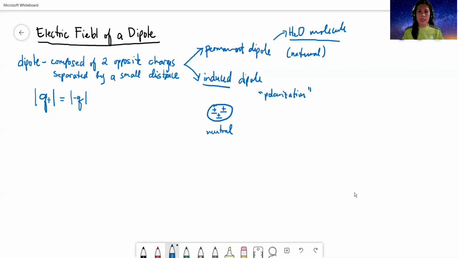When we speak of polarization, this is of course for insulators. In an insulator, the electrons are not free to escape the atom. However, insulators can be charged by polarization. So how does polarization happen? You have an insulator and then you put it in a space where there is an electric field.